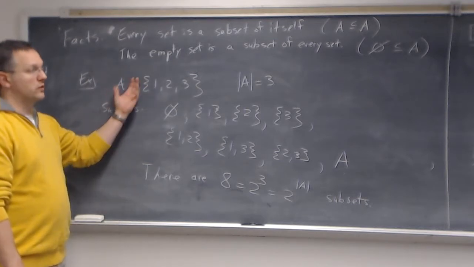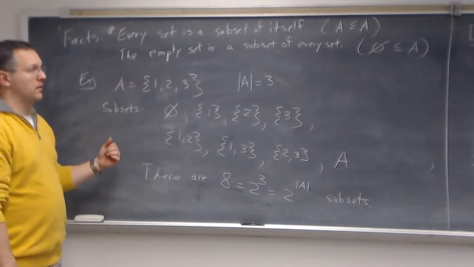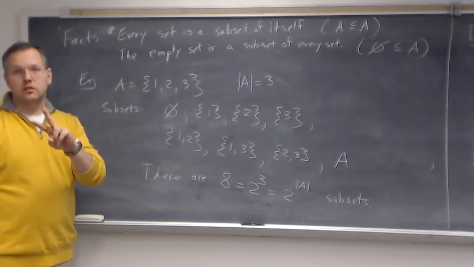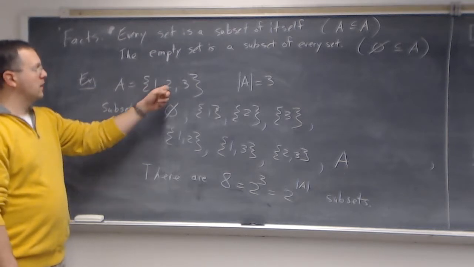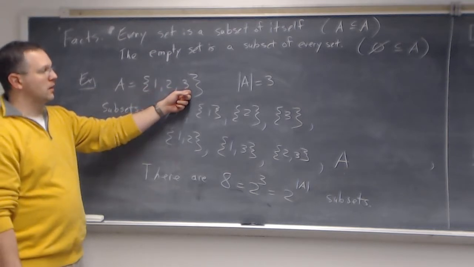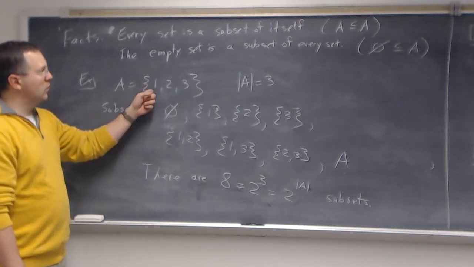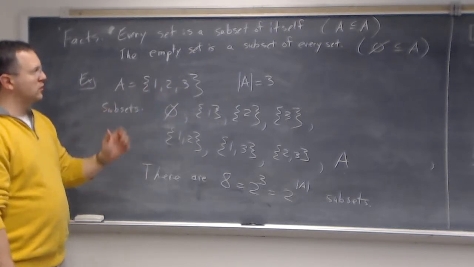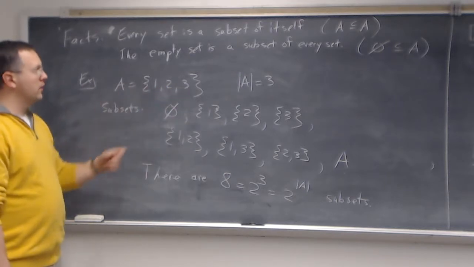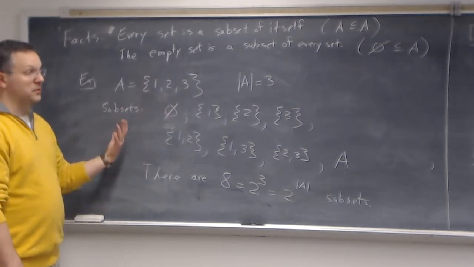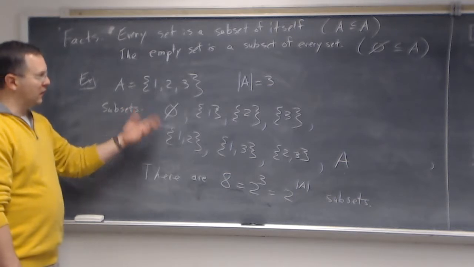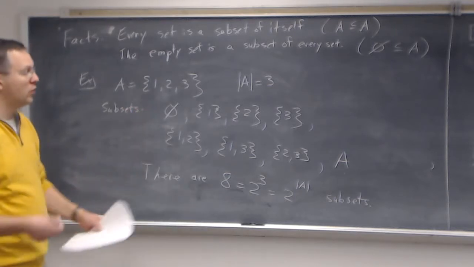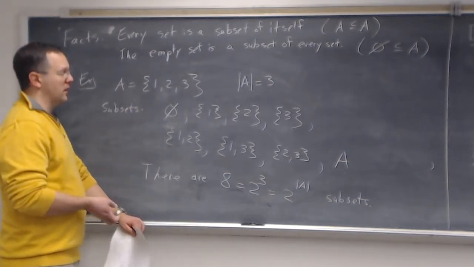So it's either in or out of my subset. So I have 2 choices for each element. When I make those choices, you can multiply the number of choices together, and you end up with 2 times 2 times 2 possible choices for subsets. So that's how you get 2 to the power 3 subsets.